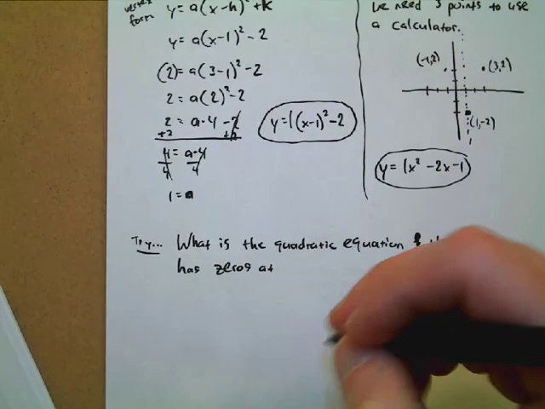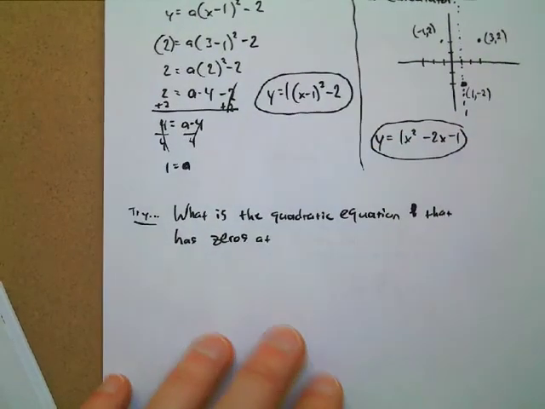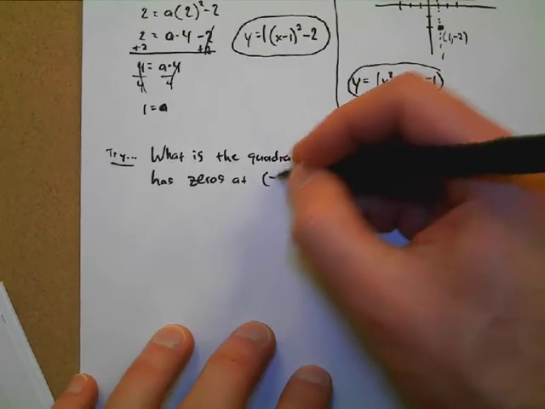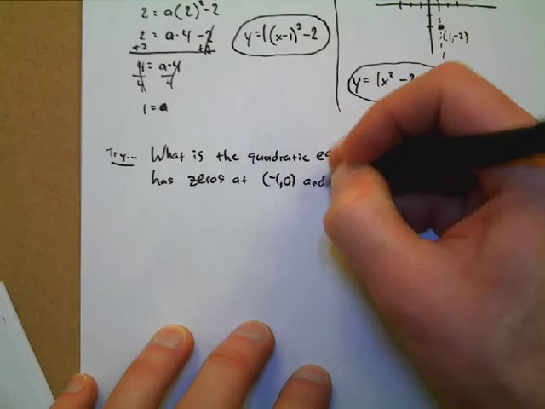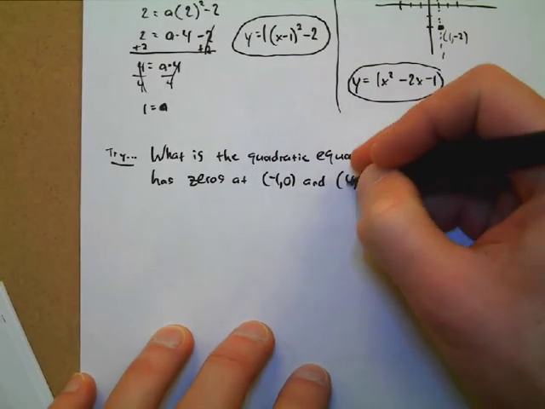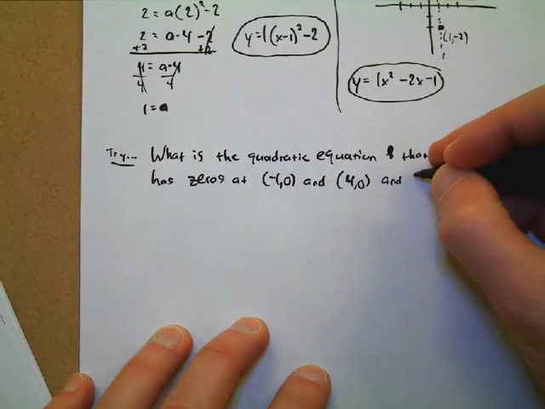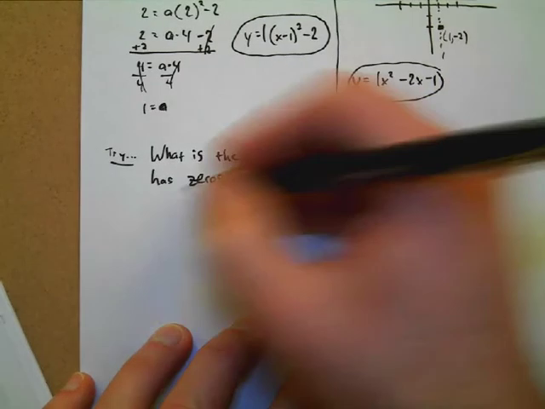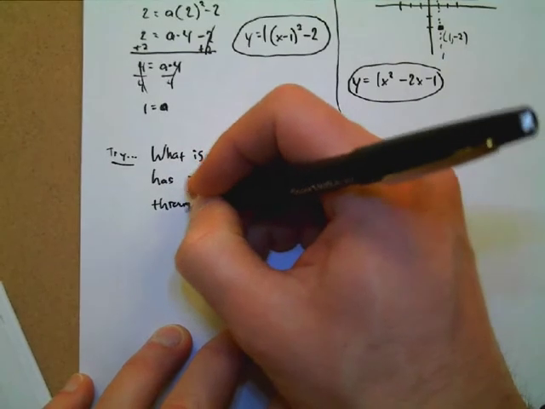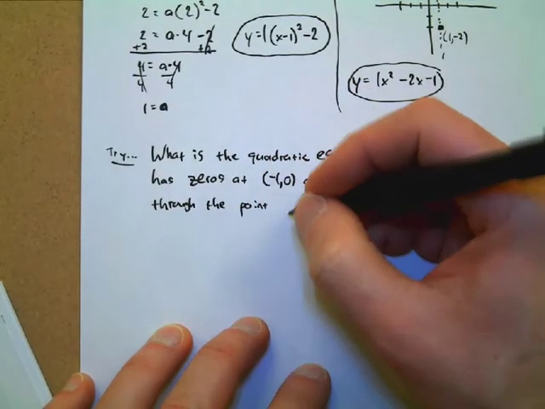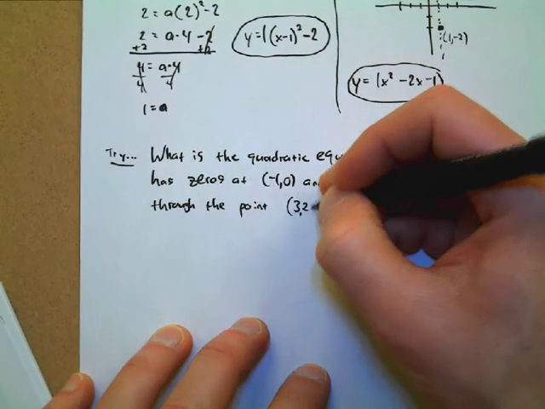What's a quadratic equation that has zeros at (-1, 0) and (4, 0), and goes through the point (3, 2)? Okay?